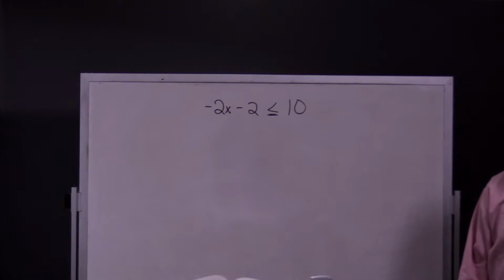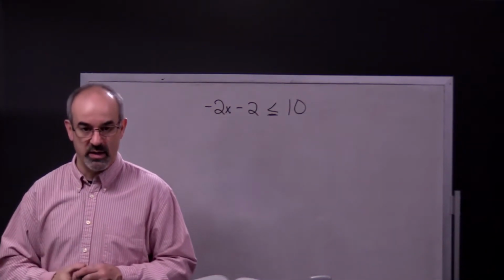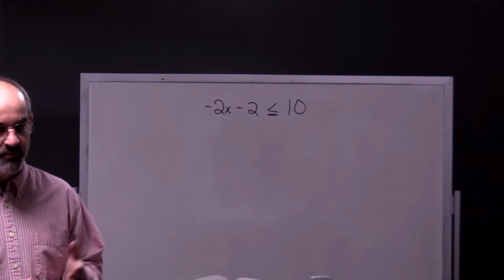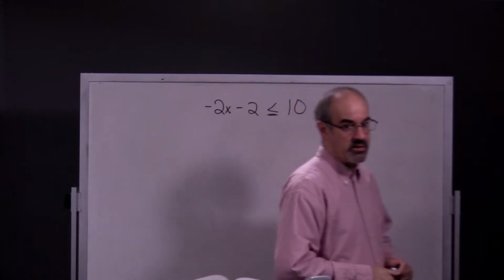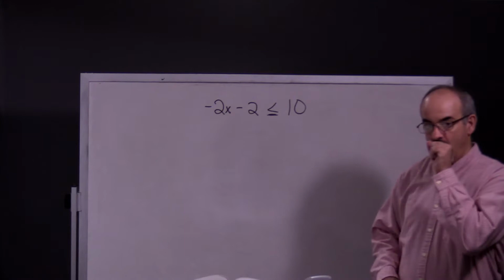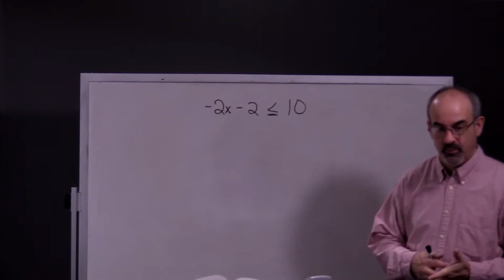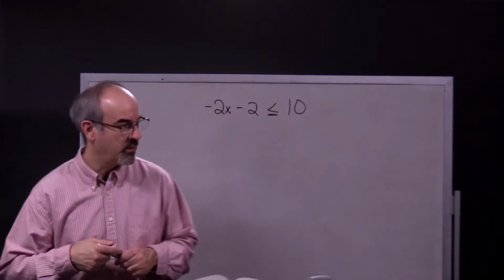That's what that symbol means. When you put a line under either the lesser than or greater than symbol, it just means it's also equal to. So let's do this problem. Well, one of my favorite things to do, well, I'm not going to show you right now. I'll show you after I do it this way.